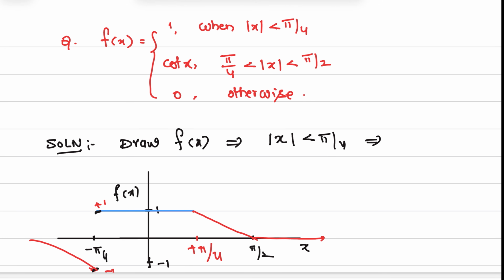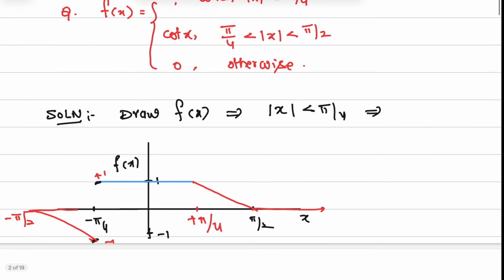And here it will be minus pi by 2. That means there is a jump at minus pi by 4. For clarity, for brevity, I will draw the diagram like this again.